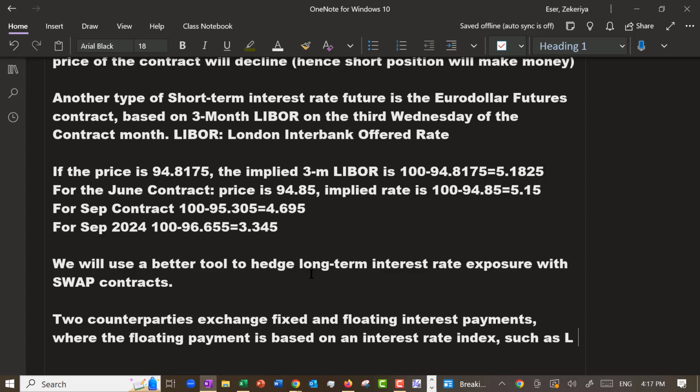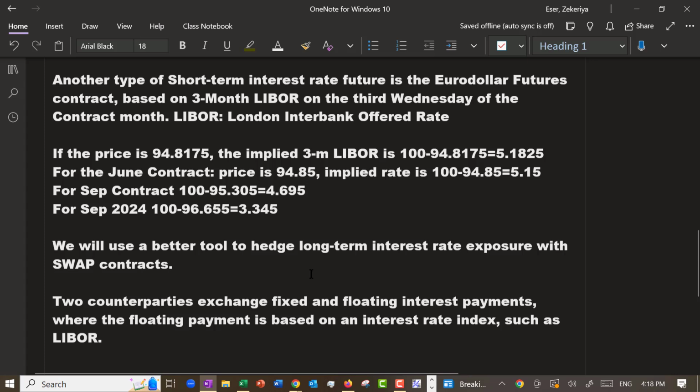I've seen a few times swaps from fixed to prime rate, but since prime rate and LIBOR are very highly correlated, the market for swaps using LIBOR is much more liquid.